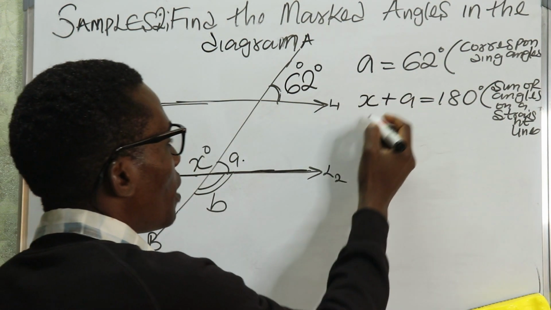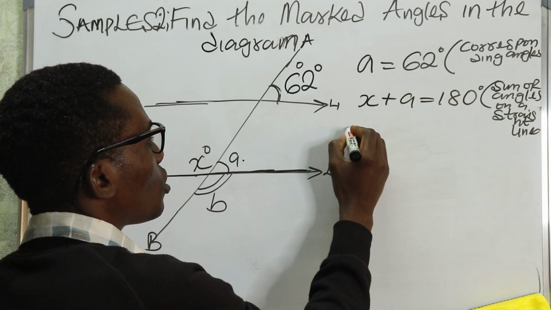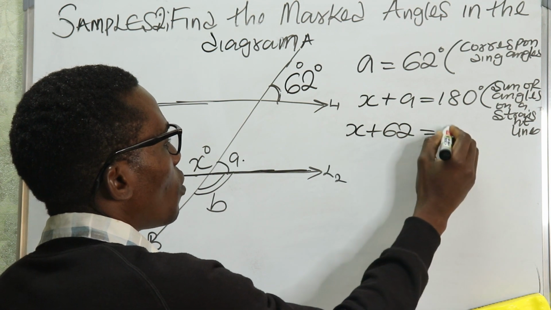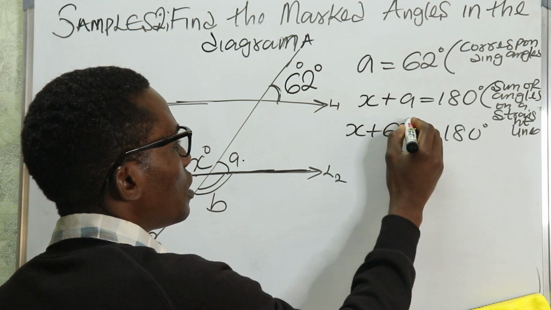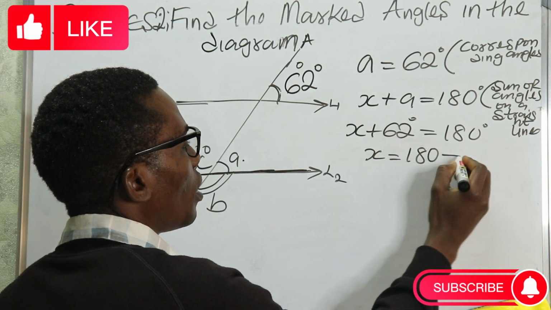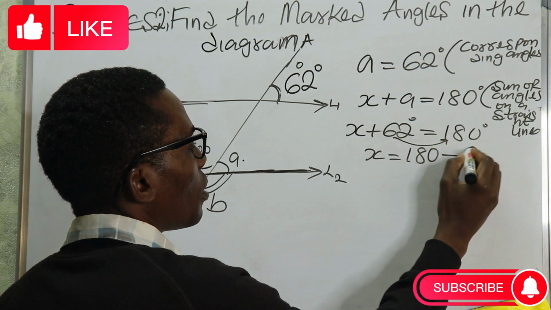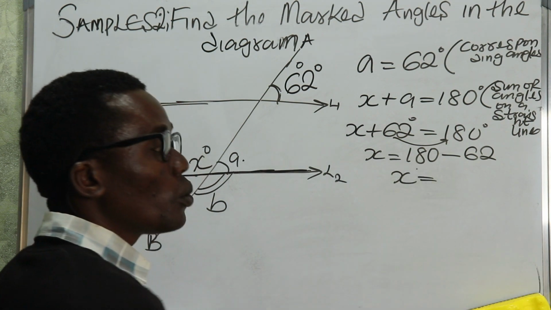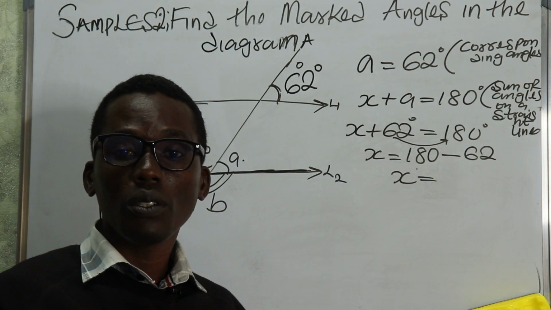So remember, we've gotten our A to be 62, so we'll have x plus 62 is equal to 180 degrees. So our x will be equal to 180 minus, this comes over here, minus 62.